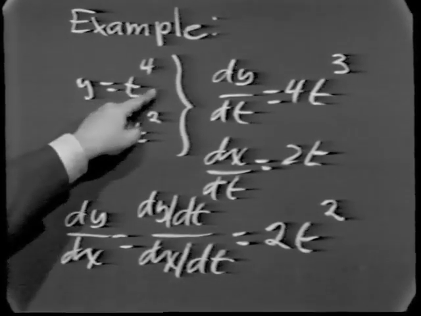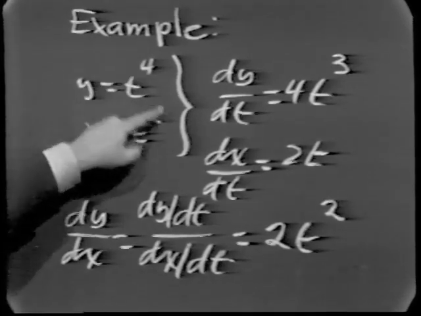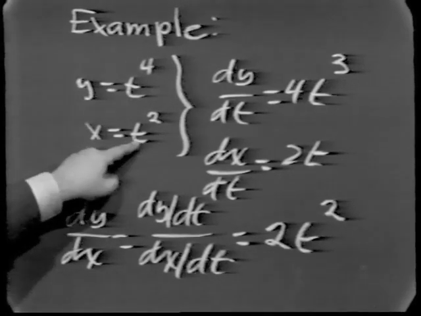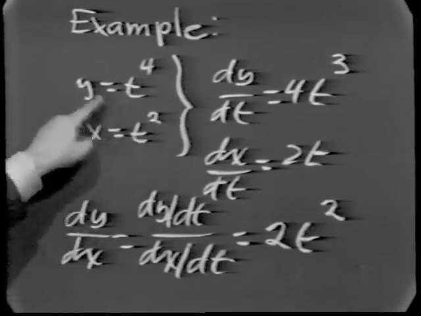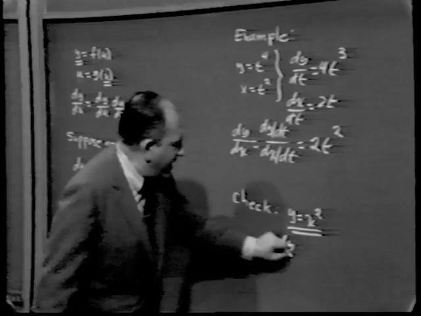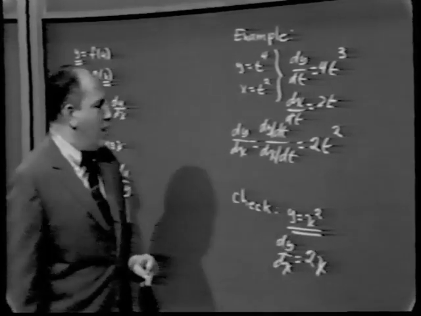By the way, as a check, notice this. If y is equal to t to the 4th and x is equal to t squared, since t to the 4th is the square of t squared, that says y is equal to t squared squared. Y is equal to x squared. And if y is equal to x squared, in this case, it's very easy to see that dy/dx is equal to 2x.